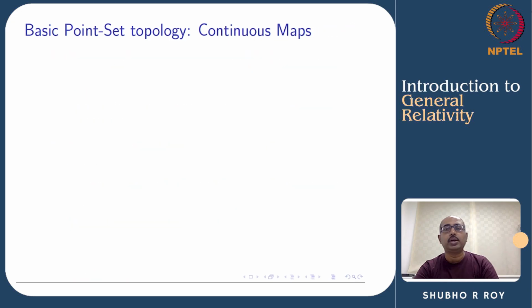Now we come to a very important notion, that of a continuous map between two topological spaces. As I mentioned in the intro, this generalizes the notion of a continuous function from R to R, a continuous function of a single variable. Let me state the definition.